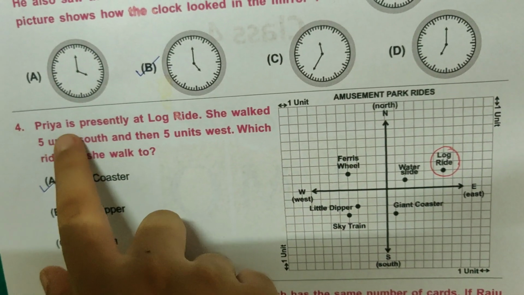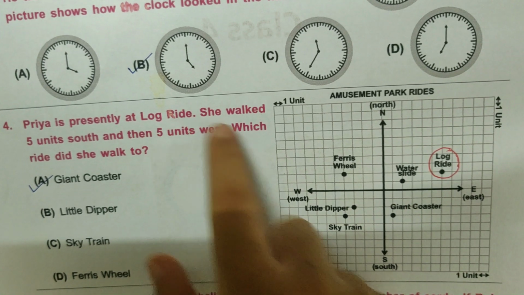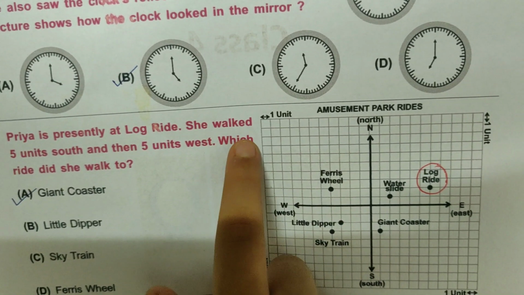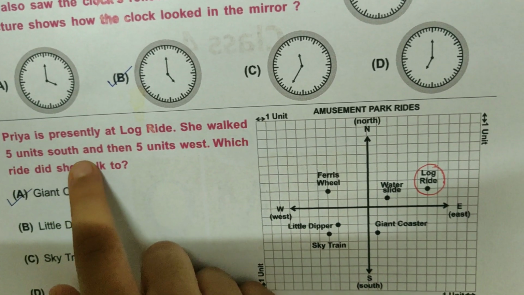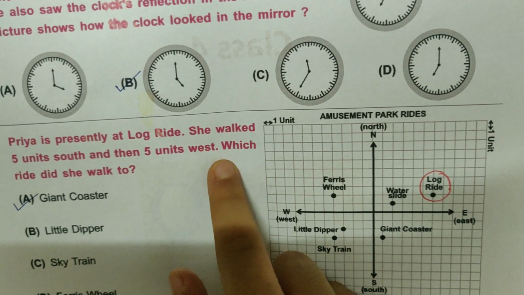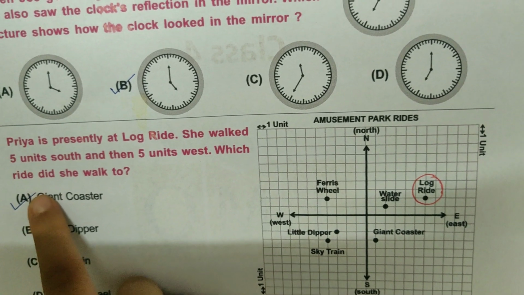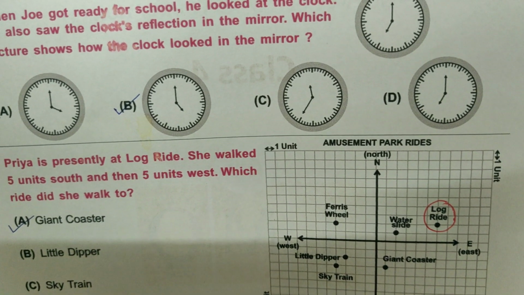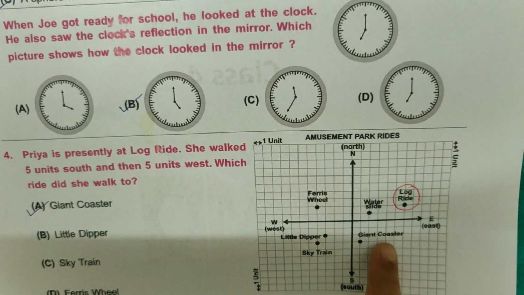Okay, Priya is presently at the log ride right here. She walked 5 units south and then 5 units west. Which ride did she walk to? She walked to the giant coaster, which is right here.